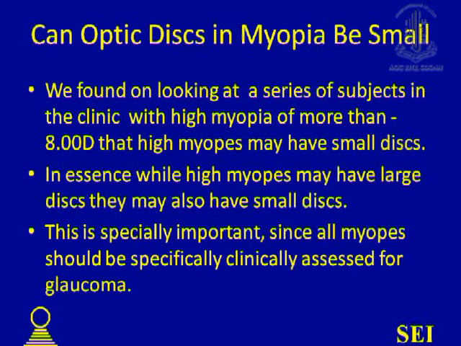In a sense, while high myopes may have large discs, they may also have small discs, and that's important for us to understand. This is important because all myopes should be specifically clinically assessed for glaucoma, and we know that if you have a small disc, it's already difficult to diagnose glaucoma, and if you have a myope who's more predisposed to glaucoma and he has small discs, then it's going to be even more difficult to diagnose glaucoma, and we should not miss that.